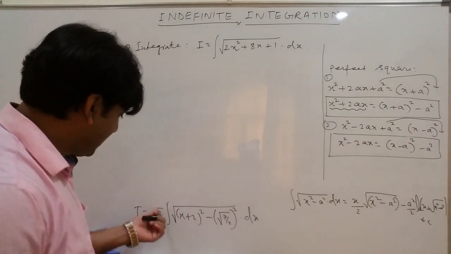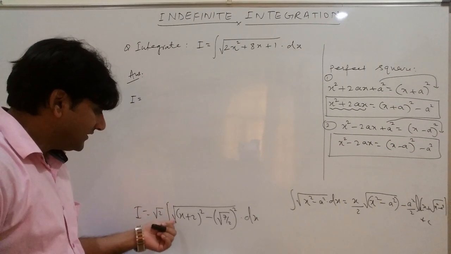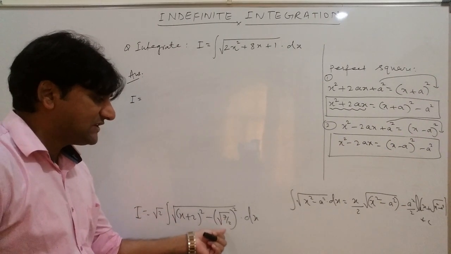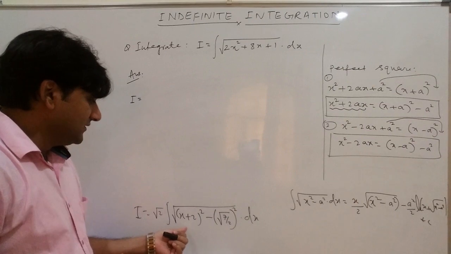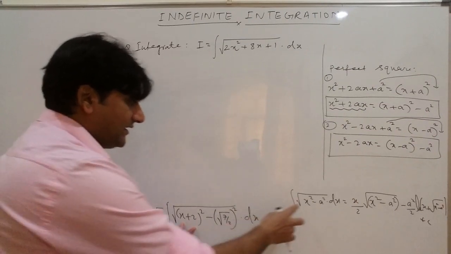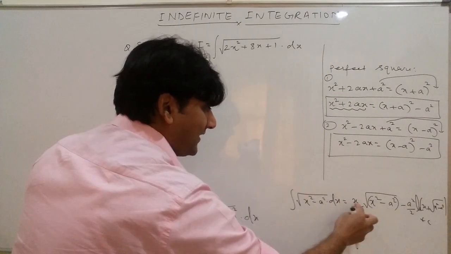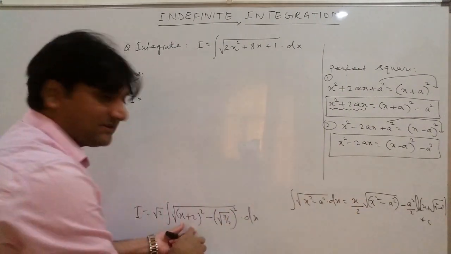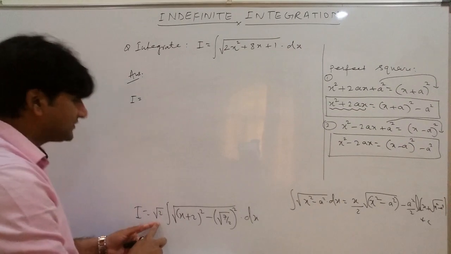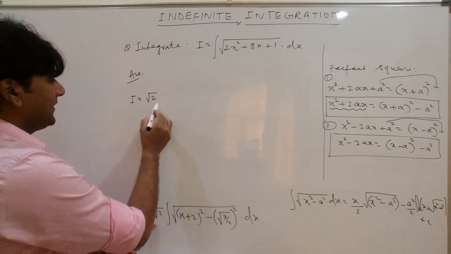Which is this, I equals root x plus 2 whole square minus root 7 over 2 whole square. So instead of x, we have x plus 2. So wherever you find x, just replace x by x plus 2. This root 2 is constant, so root 2 will be here.